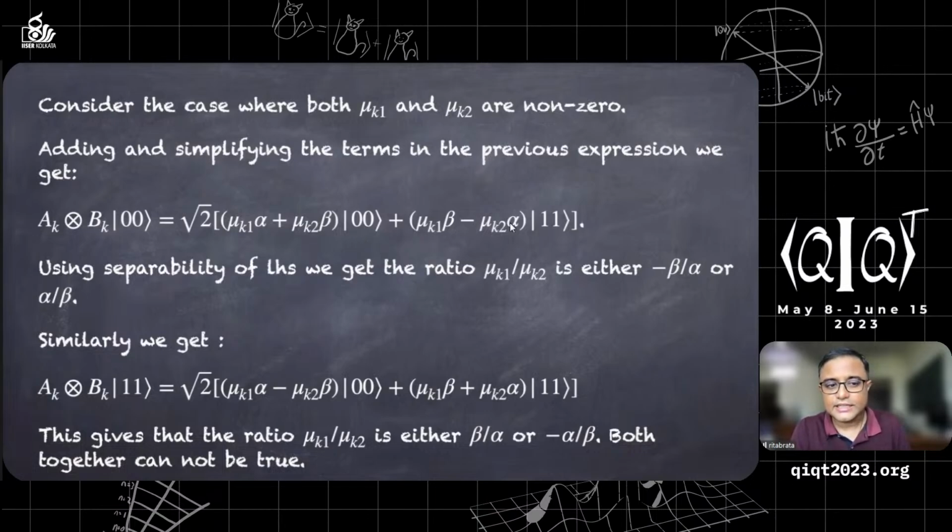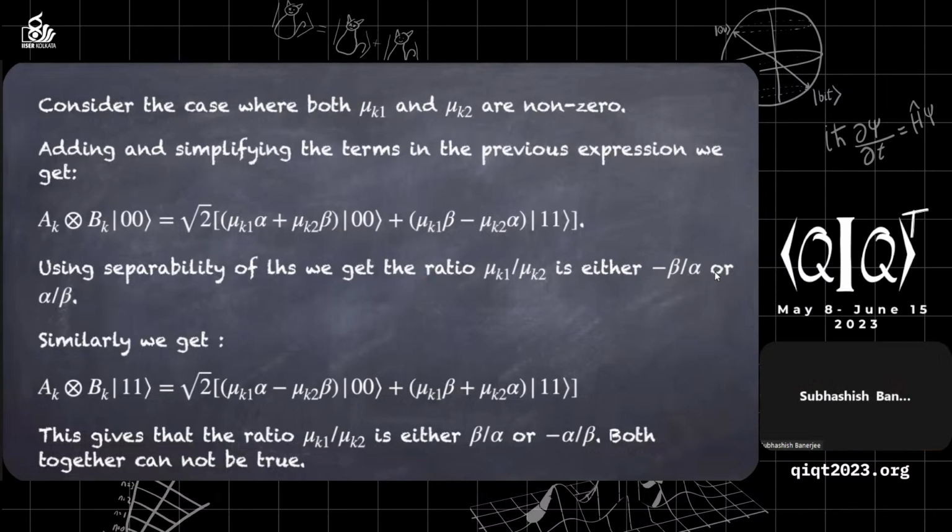The moment you apply the separability criteria, you can do it, because here you are doing the qubit system. Then you see that after cancelling everything, you get mu_k1 by mu_k2 will be either minus beta by alpha or alpha by beta.